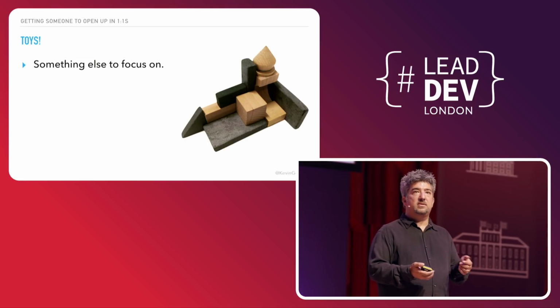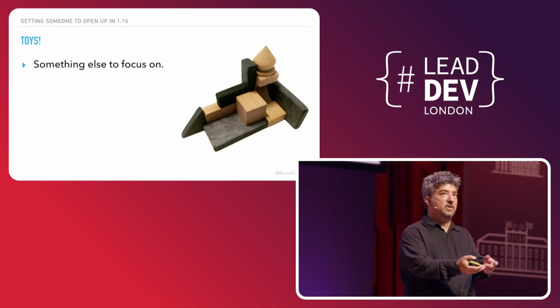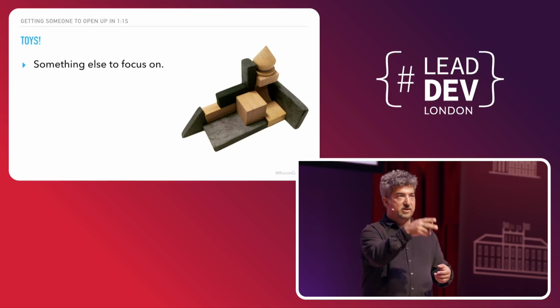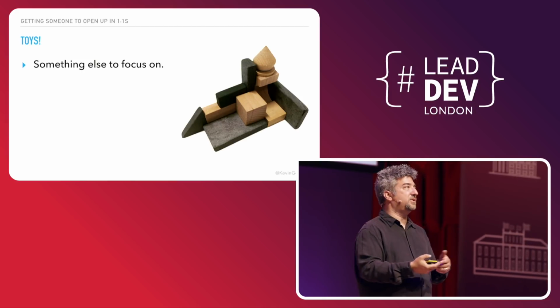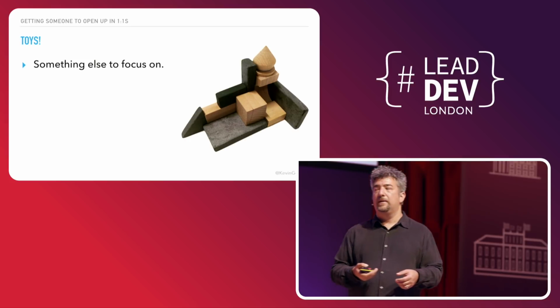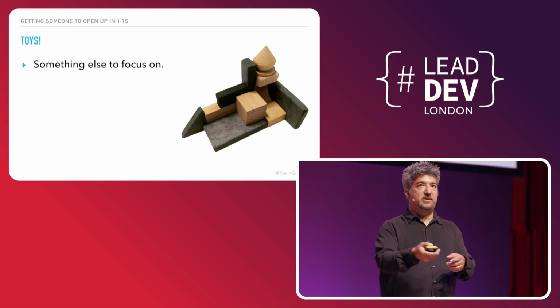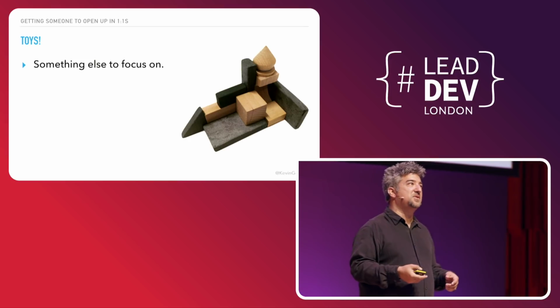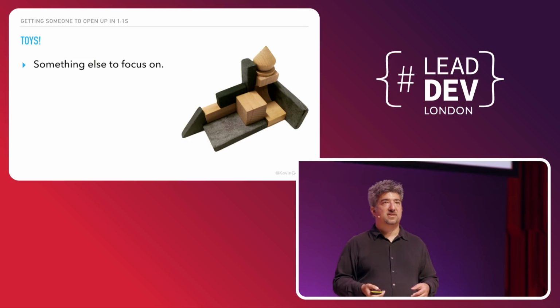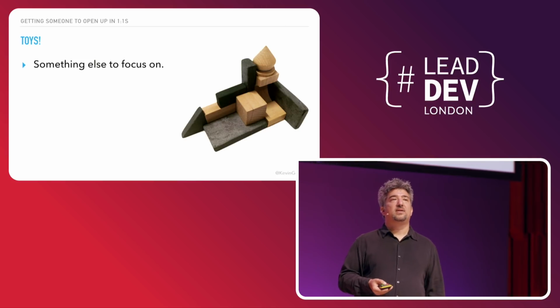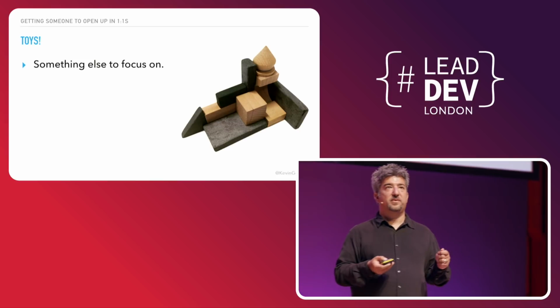But the thing is, there's toys in front of you, so you start playing with the toys. Now you're looking at the toys. We're not staring at each other. It takes a little bit of pressure off. It lets you open up a little bit more. And in fact, if you look at my Instagram, you'll see a whole series of these, which was after the one-on-one, I'd look down at the table and go, oh, that's pretty cool. And then I take a photo of it. That's most of my Instagram, is me playing with toys.